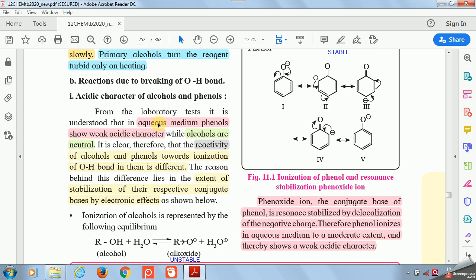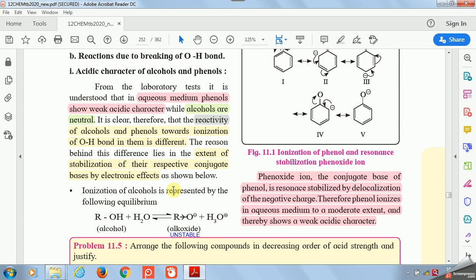If you observe, the aqueous solution of alcohol is neutral, while the aqueous solution of phenol is slightly acidic, and the reactivity of these alcohols and phenols is towards the ionization of the OH bond, because this ionization is different. The reason behind this is the stabilization of the ion produced after ionization of the OH bond.